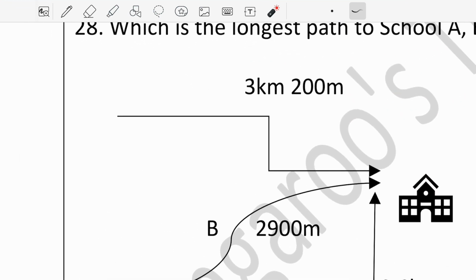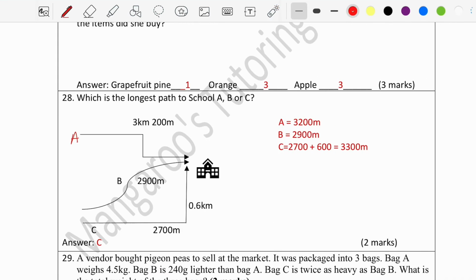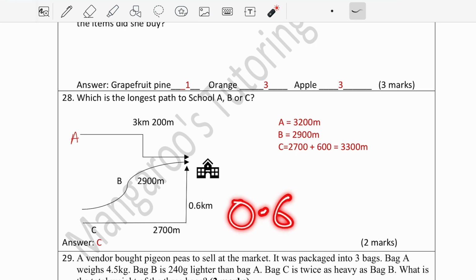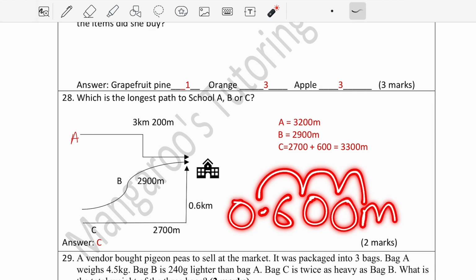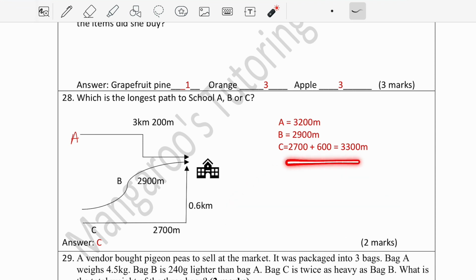The A is missing, right? I know it's there in the question sheet. B, we have 2,900 that is given, and C, we have 2,700 plus 0.6 kilometers. So 0.6 kilometers, we can multiply by 1,000 to get meters. That will be 600 meters, which will give you a total of 3,300.